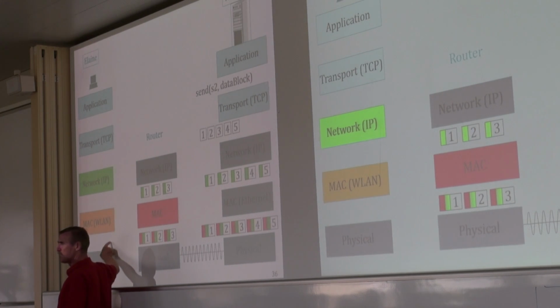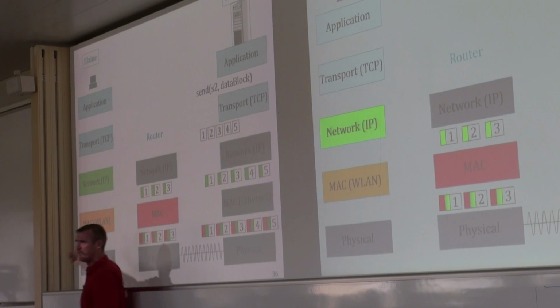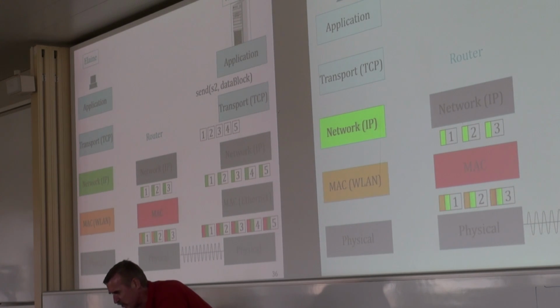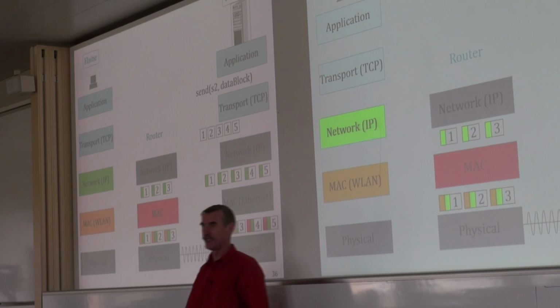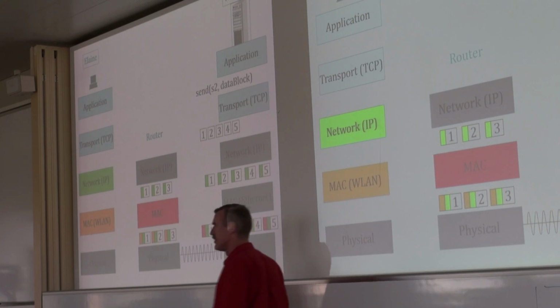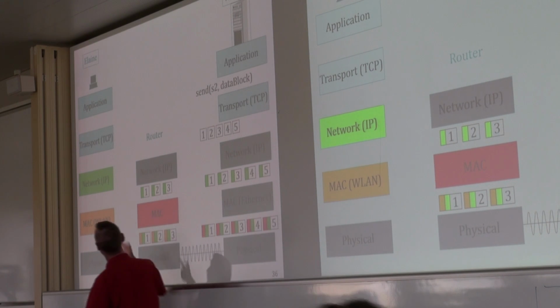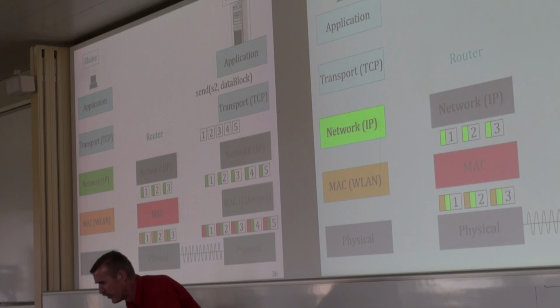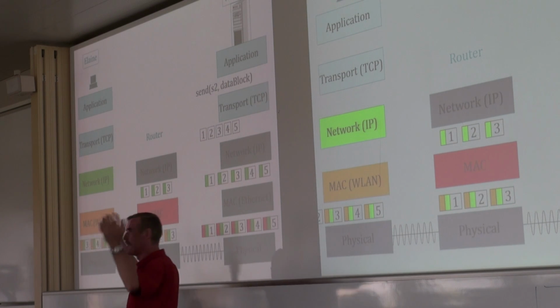And here means I have to send it over the wireless LAN, over the yellow technology. So it will take the packets again and add to the packets a yellow header, which now contains the MAC address of the Wi-Fi adapter of Elaine's smartphone, and will send them over the physical layer, which is now a wireless physical layer. It will be sent across the air.